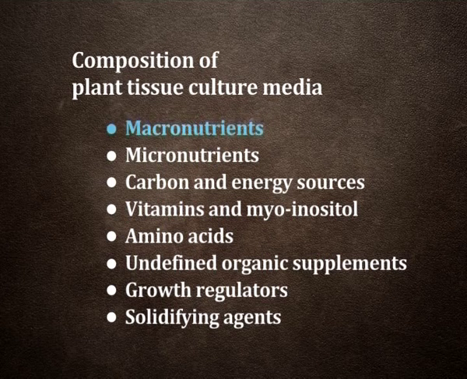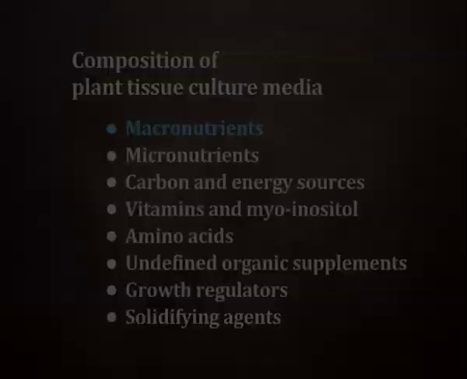First, let us take up macronutrients. According to the International Association for Plant Physiology, the elements that are required in concentrations greater than 0.5 millimolar per liter are defined as macroelements, and they comprise at least 0.1% of the dry weight of plants.